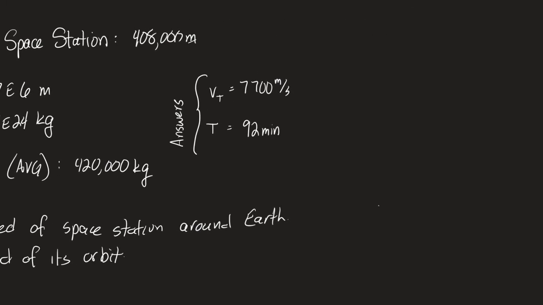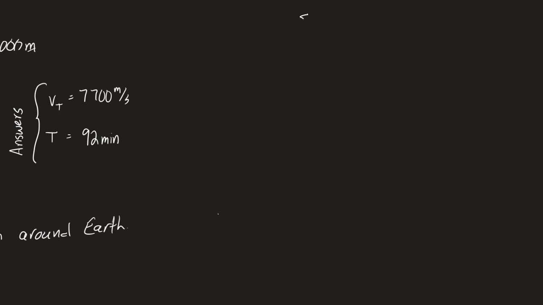This is a first principle problem. Net force equals MAC. It's about circular motion. And what is causing the space station to be attracted to the Earth? Well, that's going to be gravity. That is our circular force, and it is causing a centripetal acceleration.